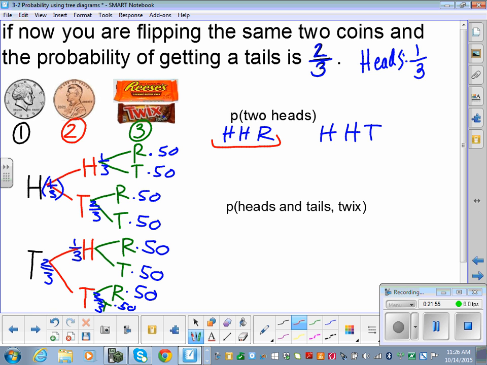To find that probability, you multiply the individual probabilities. So you'll do 1/3 times 1/3 times 0.50. And then to find the probability of getting heads, heads, and a Twix, the probability is 1/3 times 1/3 times 0.50.